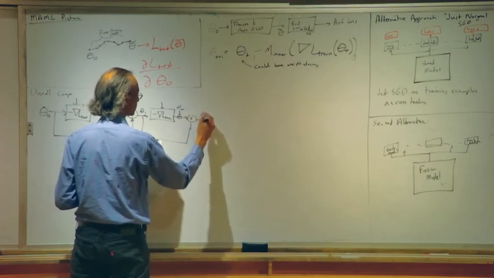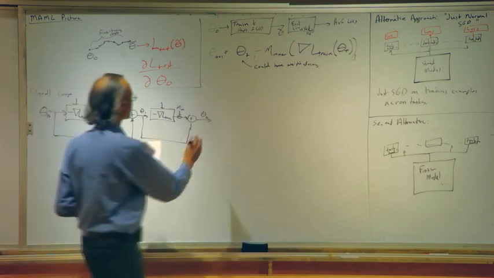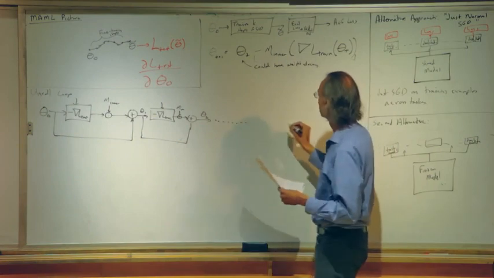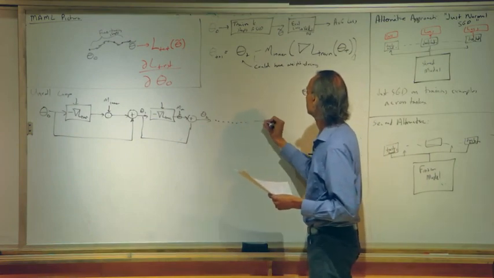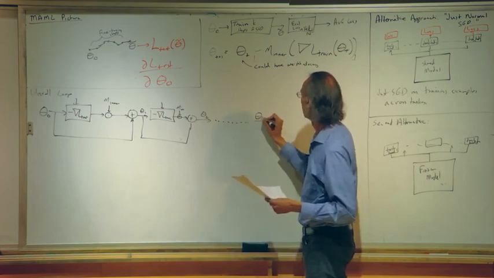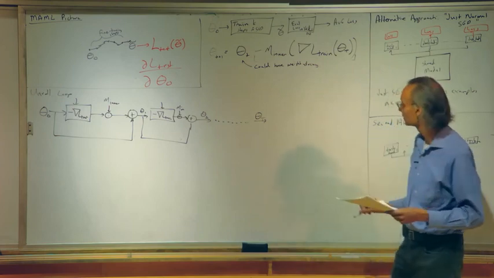And then I have theta 2. Do you see it? See what's happening? So I keep doing this. Then I'll get theta, I don't know, capital T, some total number of iterations of this.